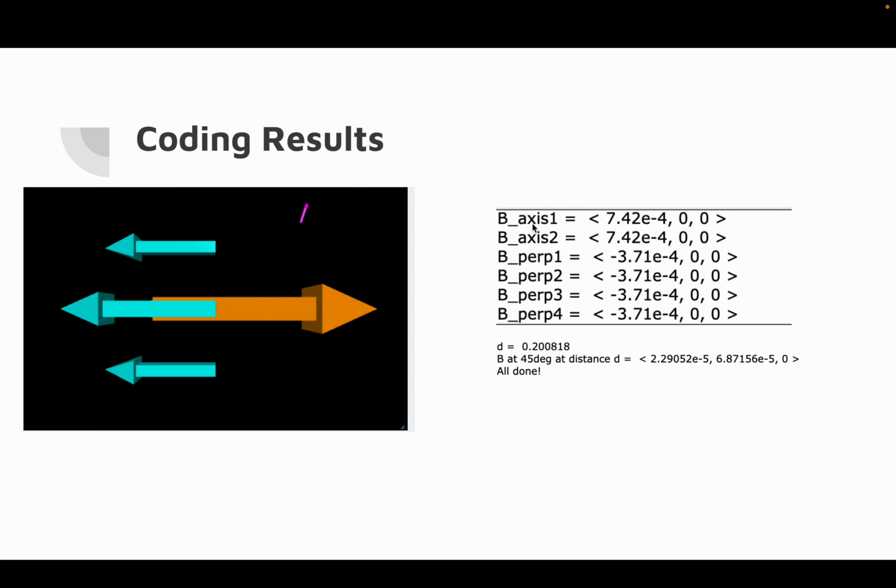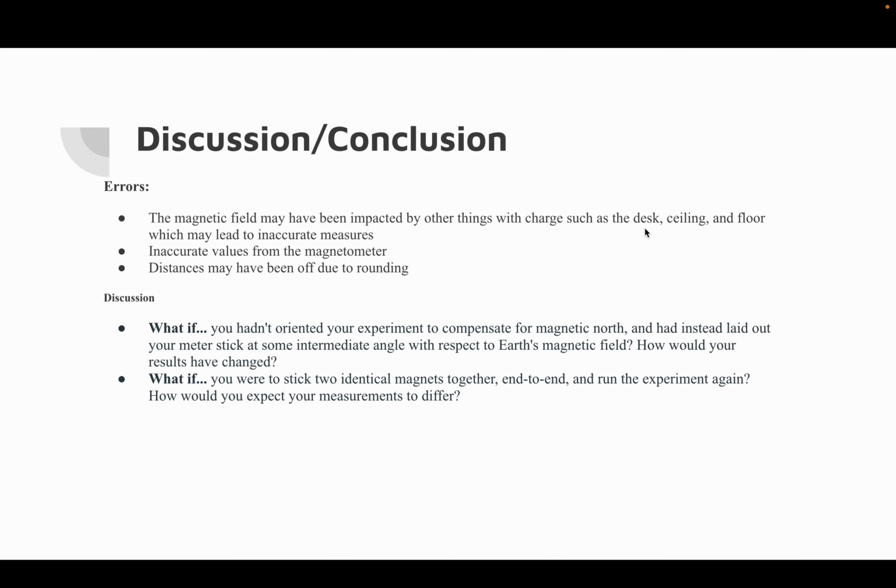The axis 1 and axis 2 magnetic fields have the same value, and the perpendicular 1, 2, 3, and 4 have the same values, but different from b axis 1 and b axis 2. The d value here is also roughly 0.2, very similar to the value I mentioned in the coding. And then the b at 45 degrees, where the distance d is given by this value right here.